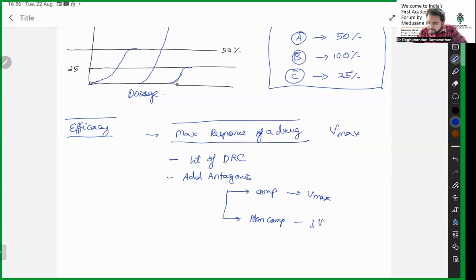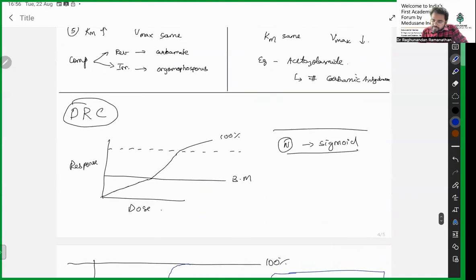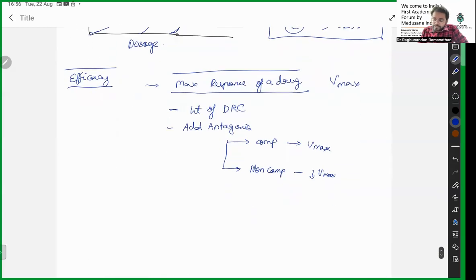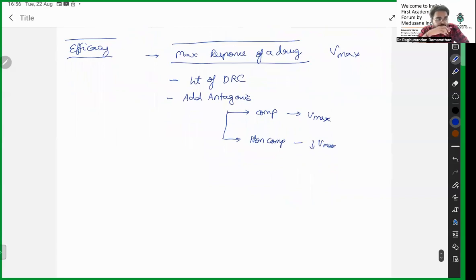So Vmax is decreased in non-competitive antagonism. Your Vmax will be the same in competitive antagonism, whereas in non-competitive antagonism, Vmax is going to decrease.